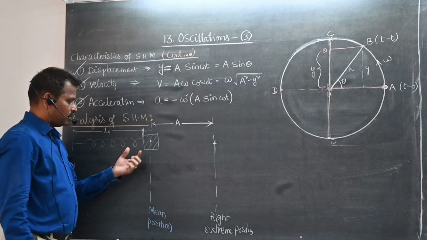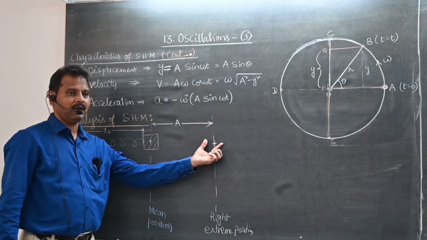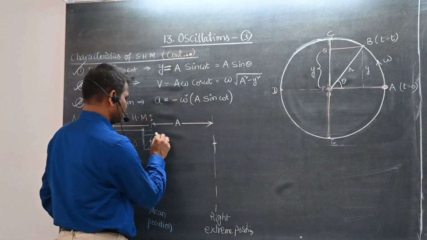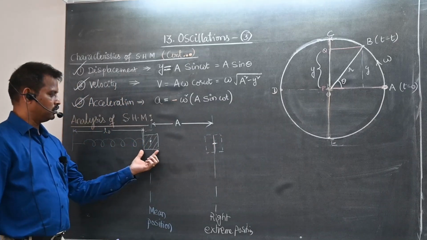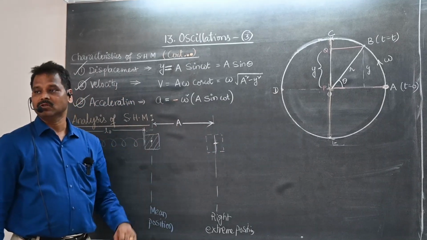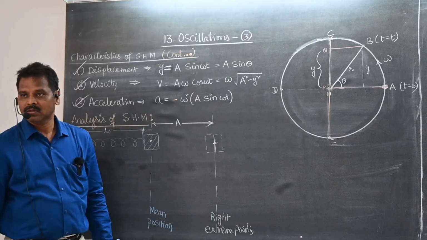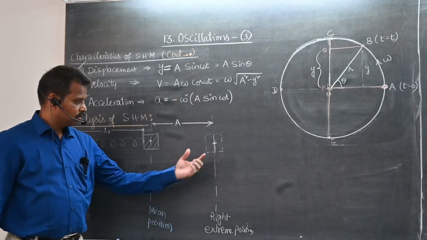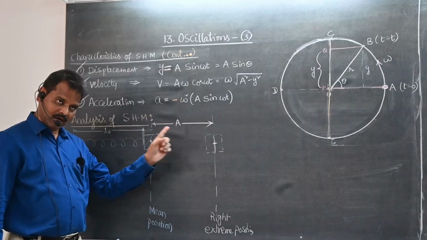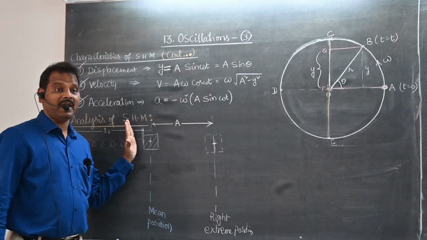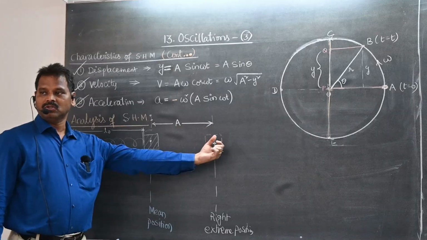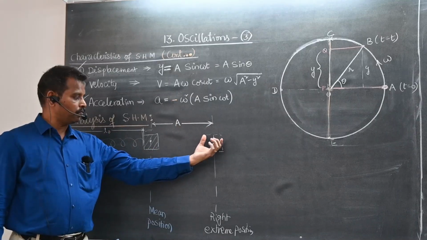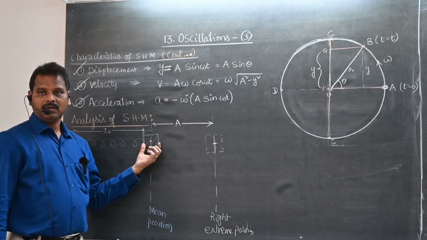So the block is moved from here to here and released. I am drawing the same block here. Then what happens? This block is connected to the spring itself. The spring is extended by how much distance? A. Due to this, a restoring force will be developed, and the restoring force will pull this block back.